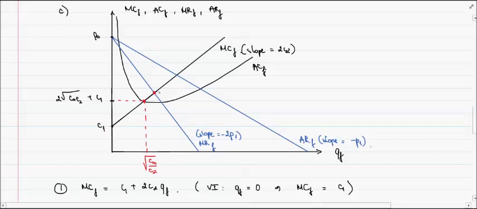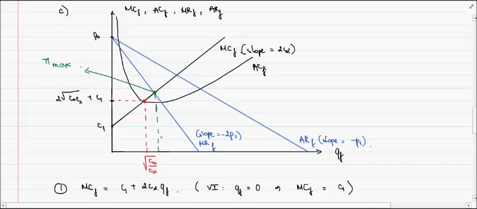I'll use a green point. The profit maximizing point is where marginal revenue is equal to marginal cost. That is the point where the profit is maximized.